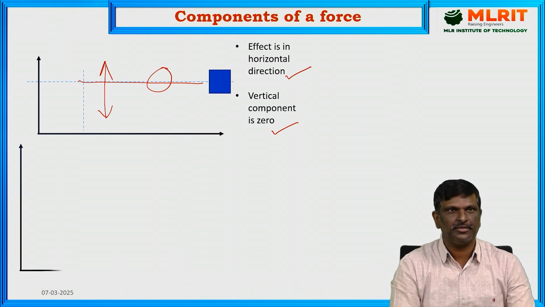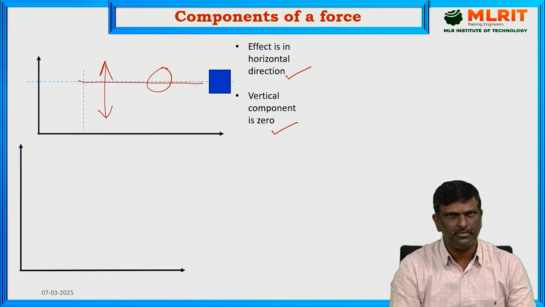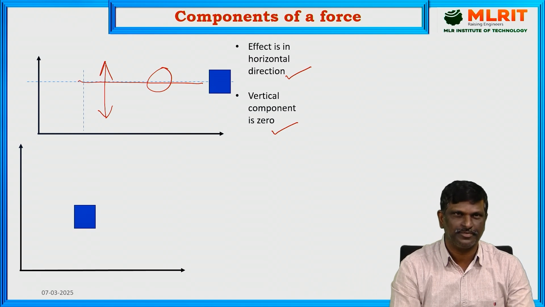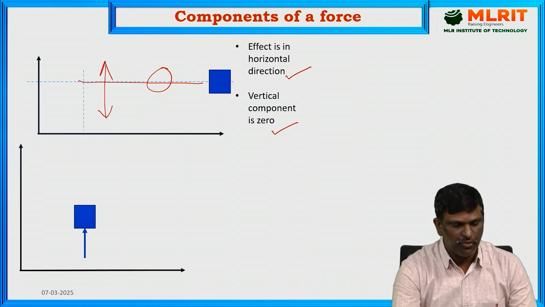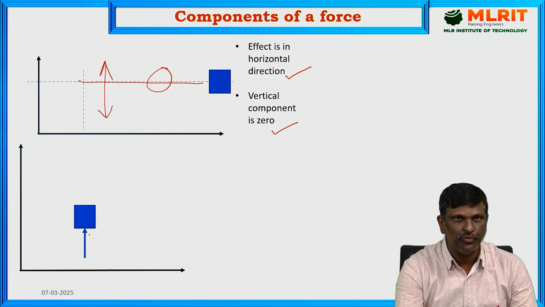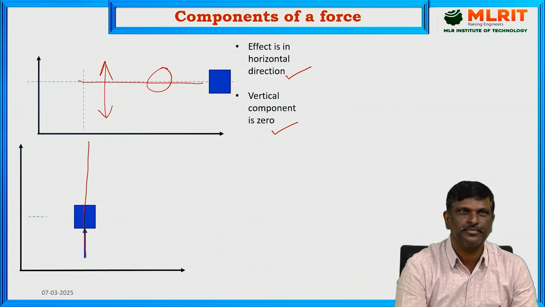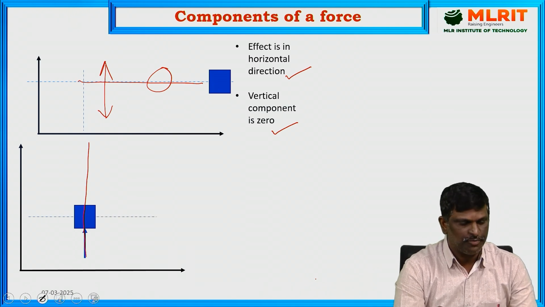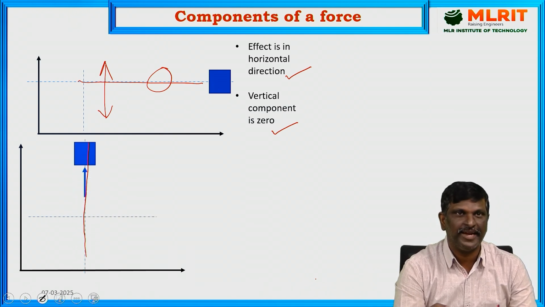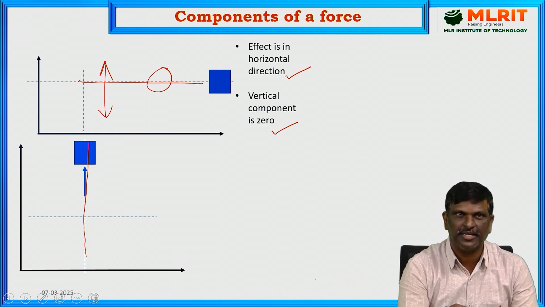Let us look at the second example. When a body is acted upon by a vertical force, the effect of this force on the body is to move in its line of action, that is in the vertical direction. This is the initial position of the body, and due to the force the body tends to move in vertical direction.